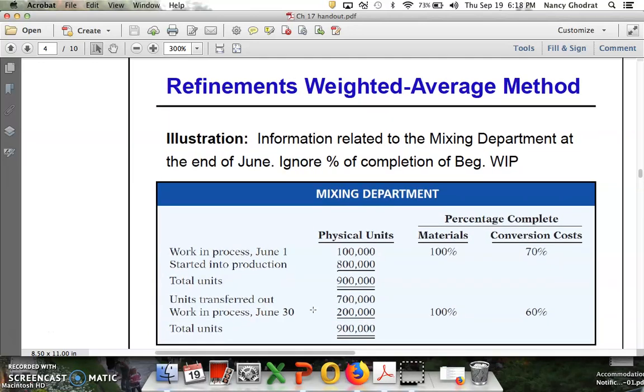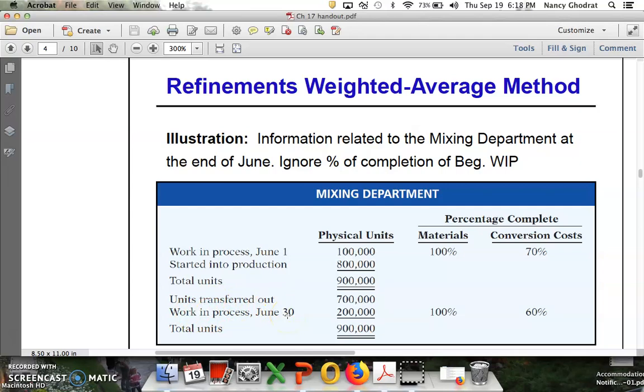So this equation always needs to be kept, meaning beginning work in process plus units started into production must always equal units transferred out plus ending work in process units.